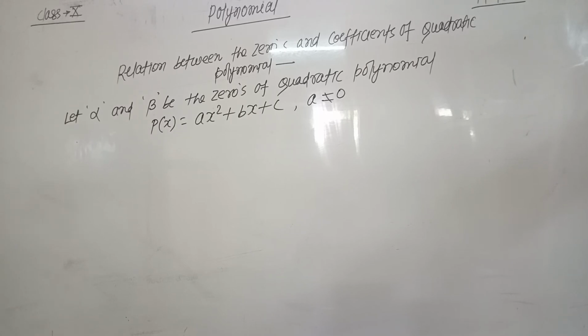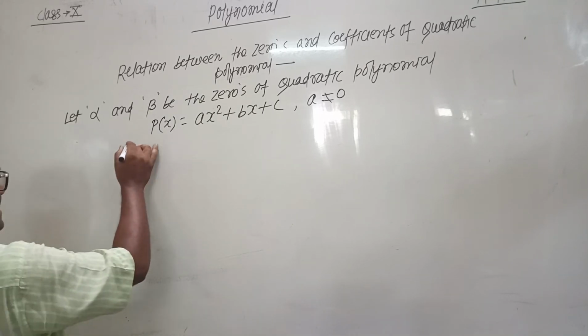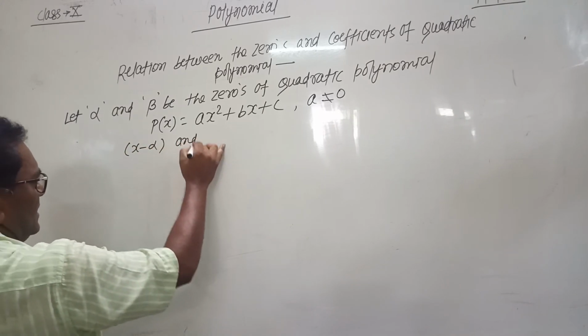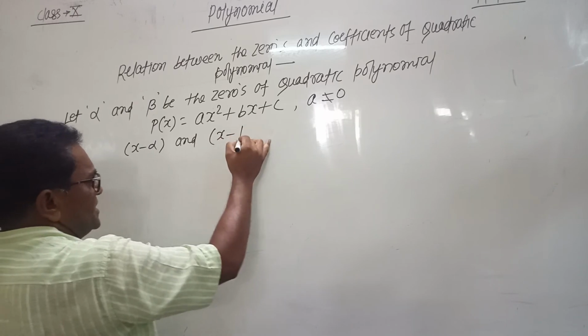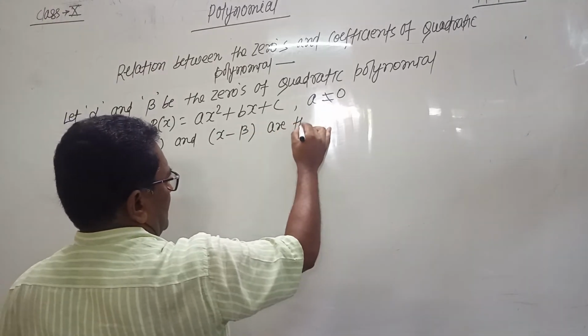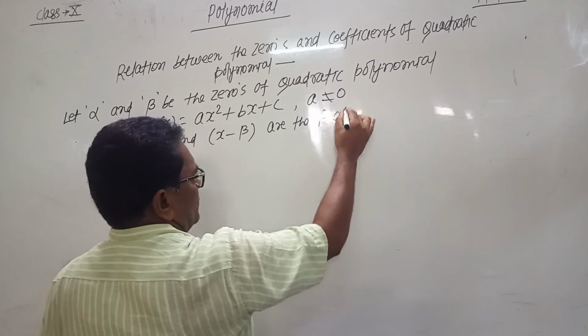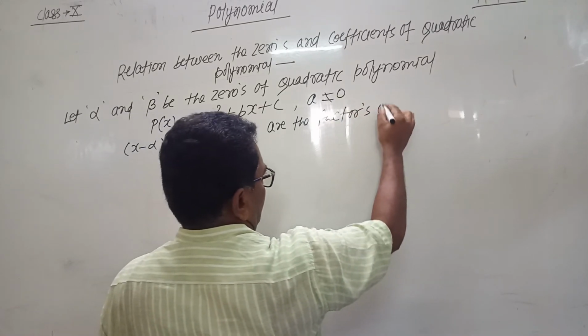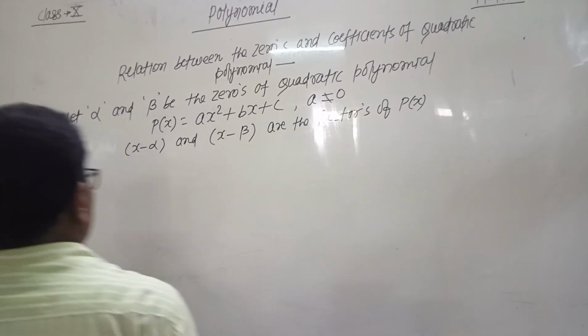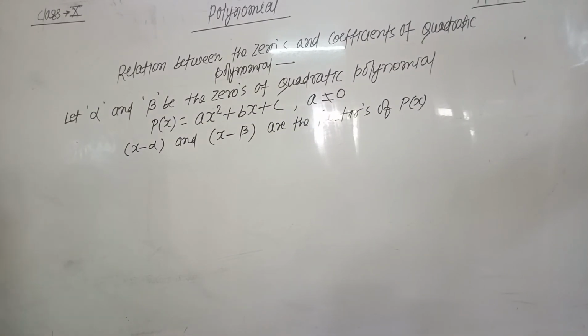So alpha and beta are two zeros of this polynomial. It means x minus alpha and x minus beta are the factors of P(x). Why are x minus alpha and x minus beta the factors?